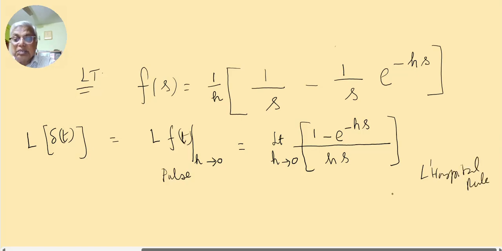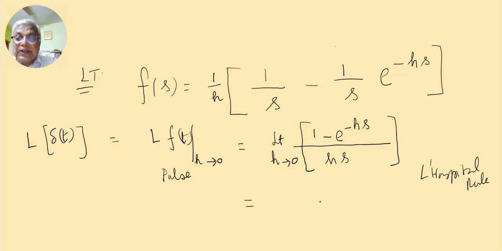What is the L'Hospital rule? Differentiate the numerator and the denominator with respect to h. Differentiating the numerator gives s into e power minus hs, and the denominator differential is simply s.